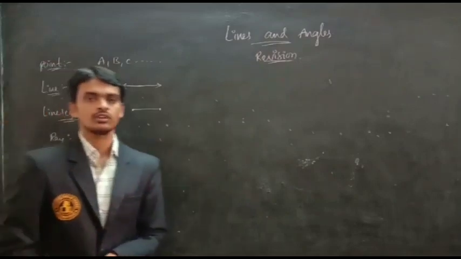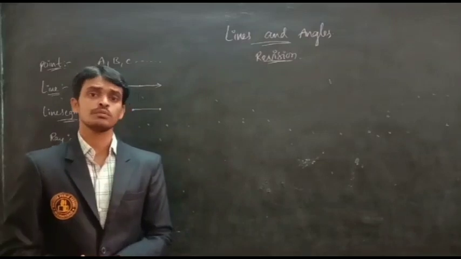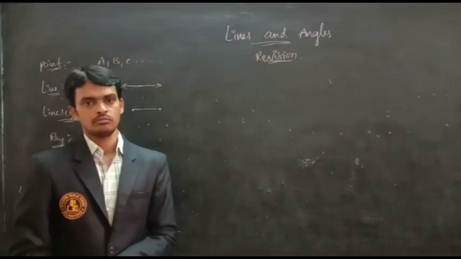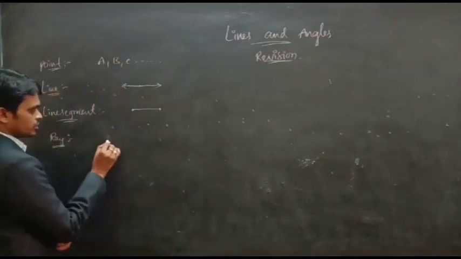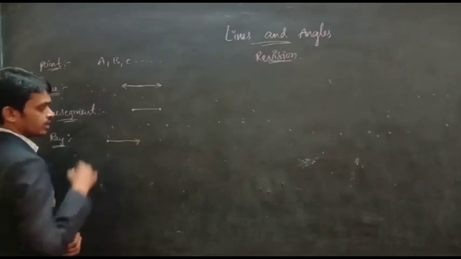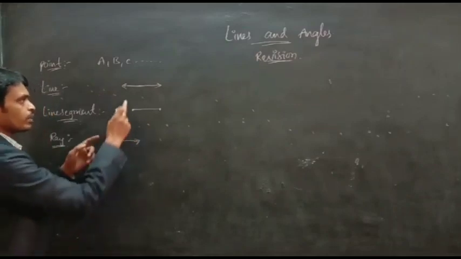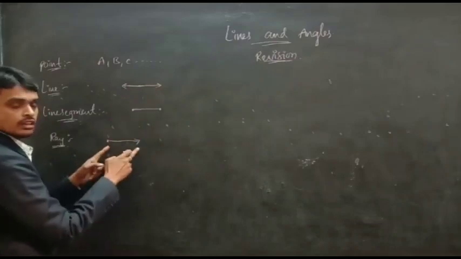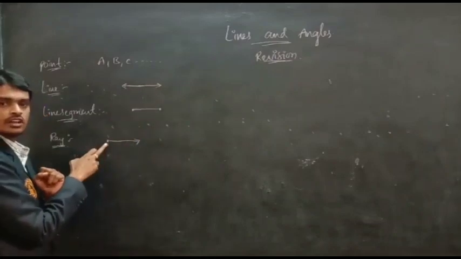Ray. A ray is also a part of a line. This is a diagram of a ray. It has one end point.